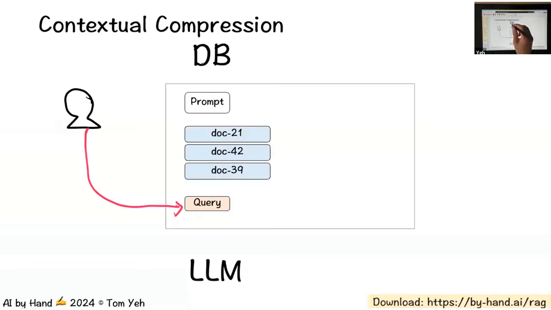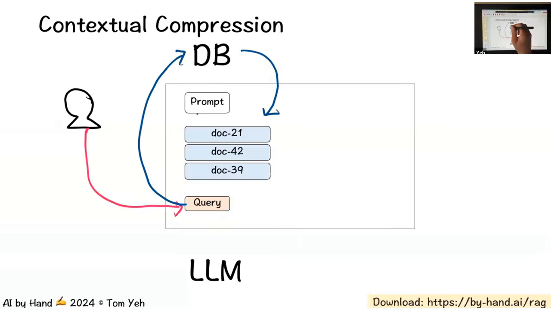Then we have some keyword matching or vector matching in the database. Contextual compression still sends this to the database and gets a whole bunch of documents. And normally you send the whole thing to the large language model, with the documents in context as is.